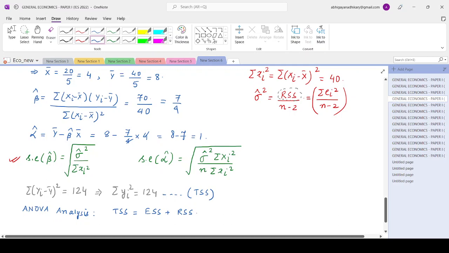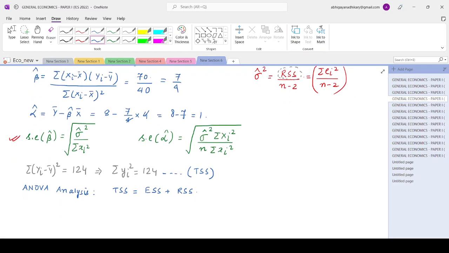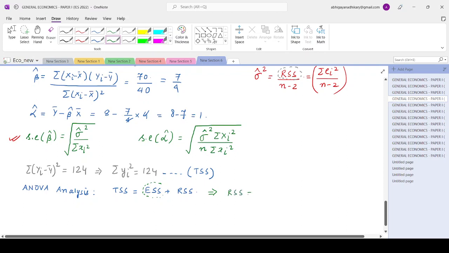That means the explained sum of squares is the proportion of the variance in y that can be explained by x, and the residual sum of squares is what cannot be explained by x. So if we can obtain the value of ESS from the data that we have, then we can directly compute the RSS as TSS minus ESS, right? This is what it is.